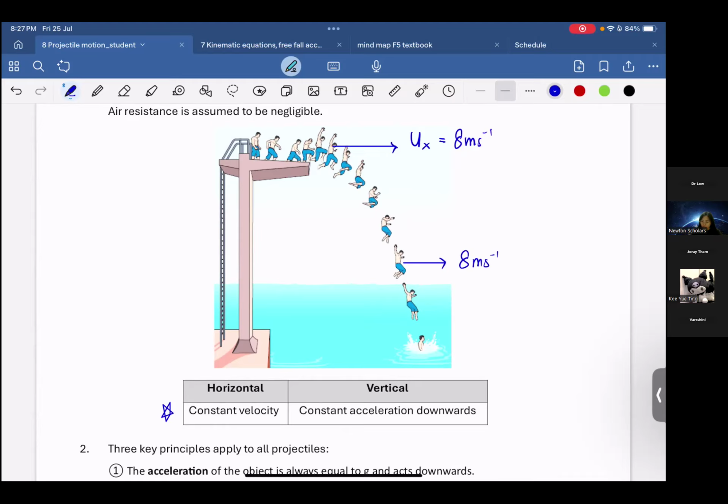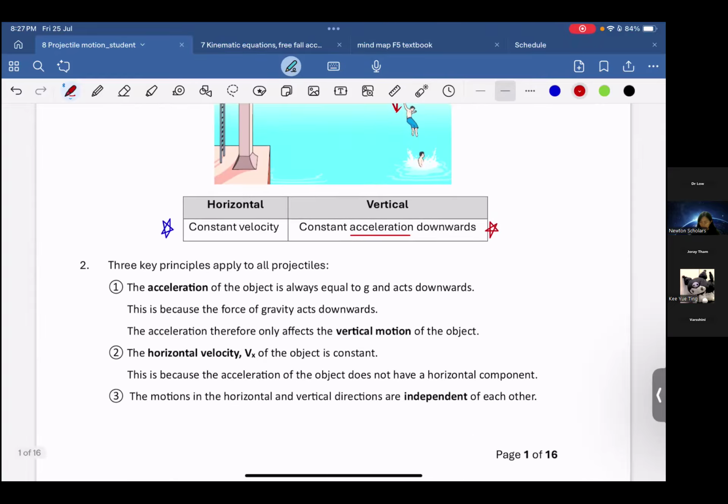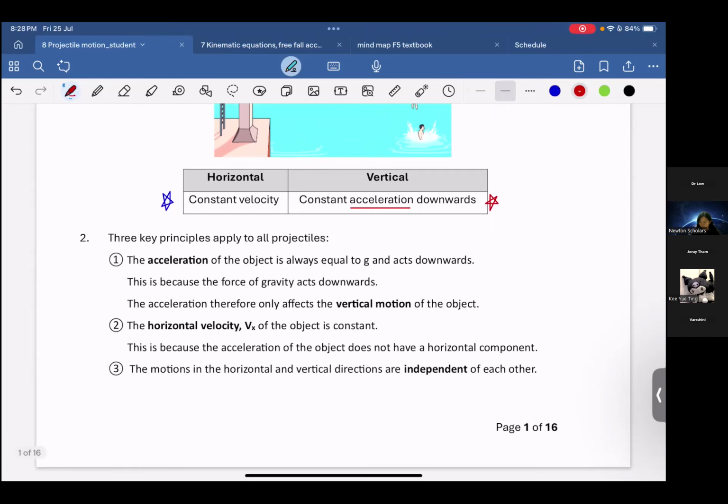For the vertical, what will be the same all the time? Your acceleration, your g. Your g points downward, at any point it will be the same, 9.81. These are the two concepts. Then there are 3 key principles we have to know. Acceleration, as I told you, always equals g and always acts downward.